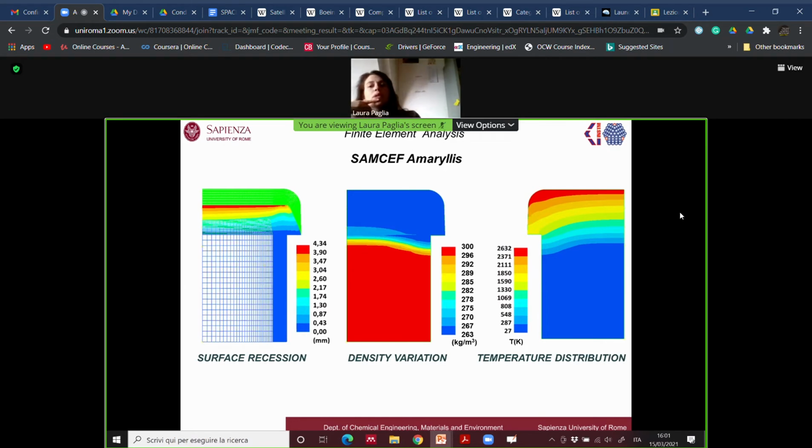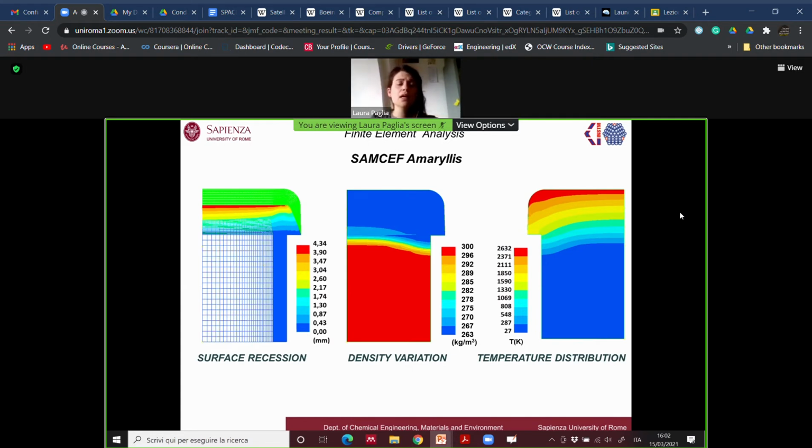Generally, these tools are very important because we saw together that in the ground facilities, it's very difficult to reproduce at the same time all the phenomena occurring during a real re-entry of a vehicle in atmosphere. Okay, because we cannot reproduce the velocity and at the same time the enthalpic condition of the fluid, for example. And so some finite element models can be useful to combine all the important parameters.